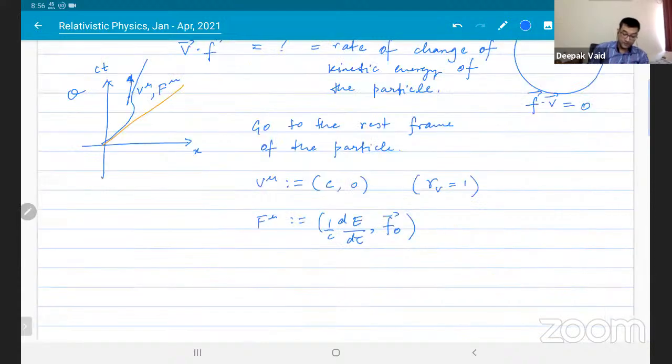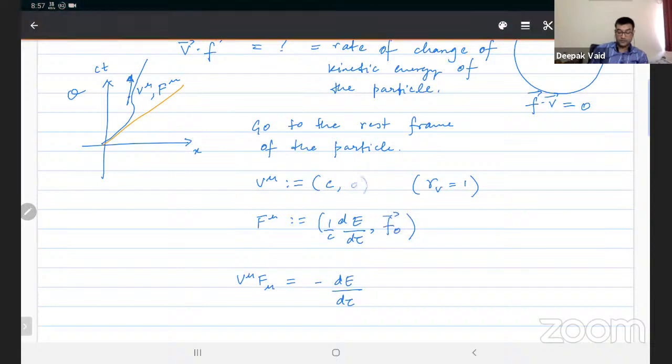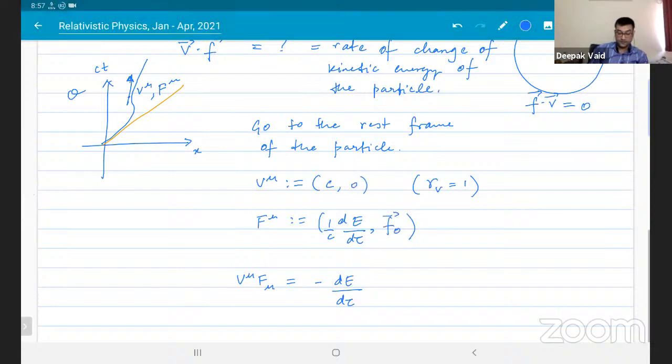Okay. So now if I take the dot product of these two, what do I get? U dot F mu. I get minus dE by d tau. That's it. Because this dotted with this is 0, right? Now what is this E? This E is the total energy of the particle, right? Whichever frame of reference I look at it in.